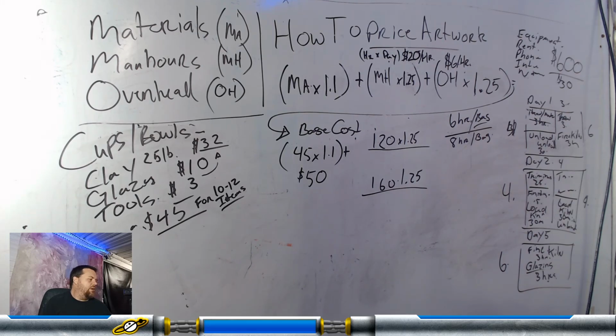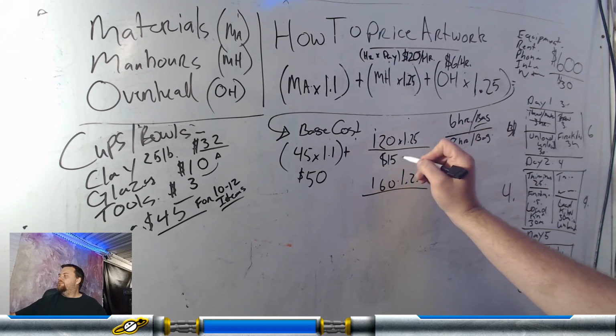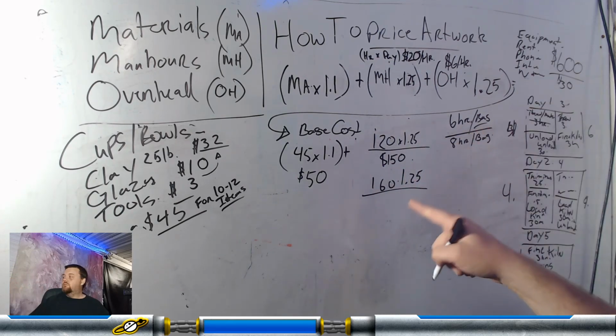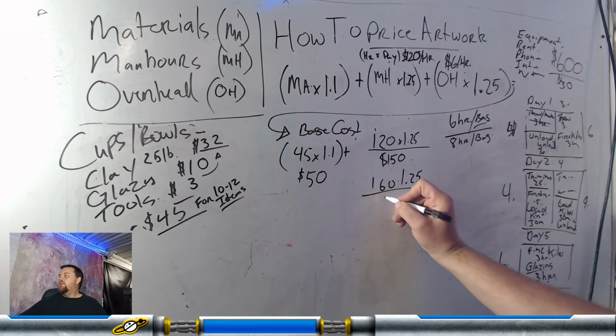And I'm going to use my calculator for it because I'm a little bit on the lazy side right now. So that means this is 150, or, at 1.25, 200.